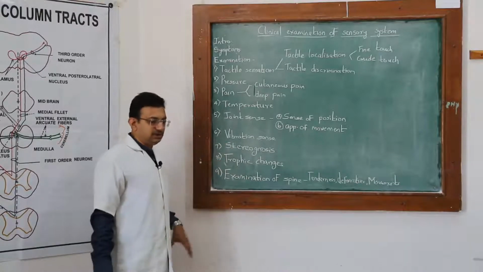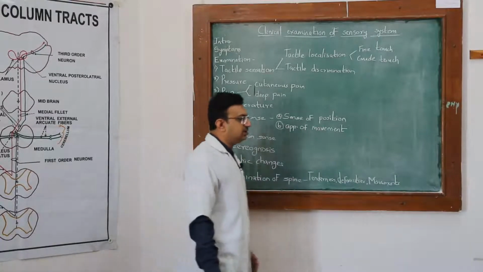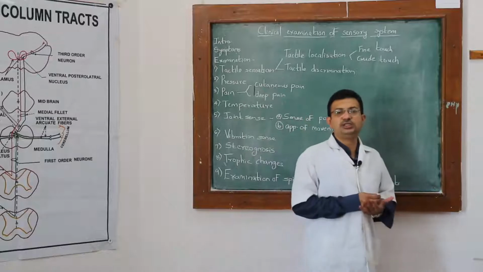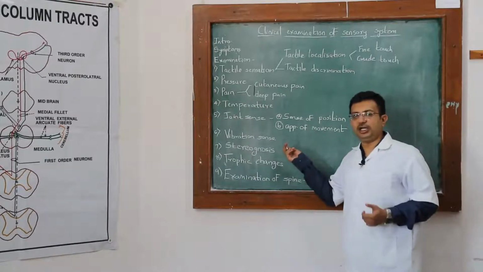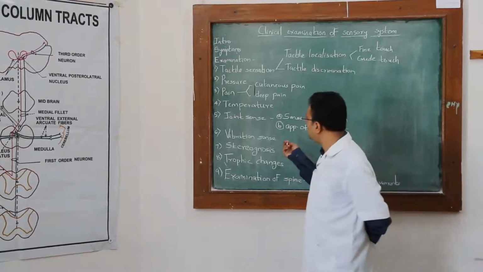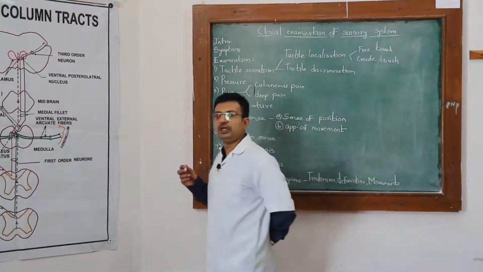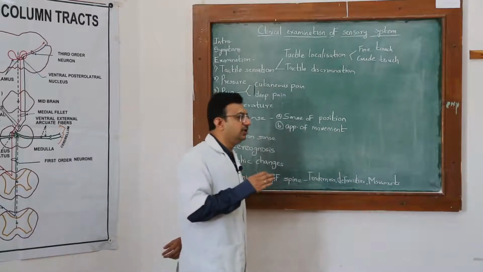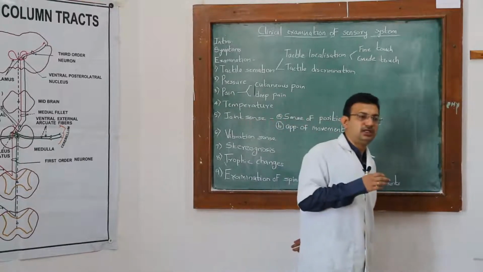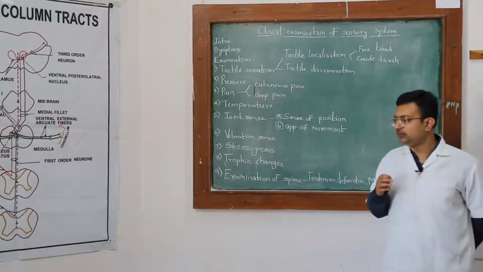Then the vibration sense. The vibration sense is one of the important senses. Usually it is lost earlier in diabetic patients. For testing the vibration sense, we have to use a tuning fork. Usually the tuning fork of 128 cycles per second is preferred.